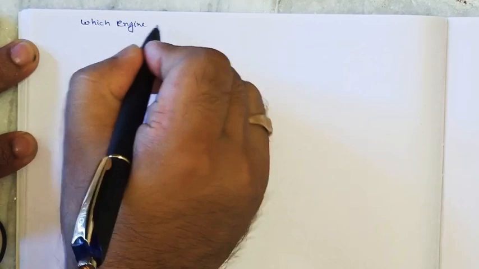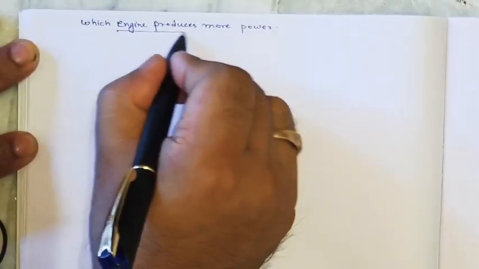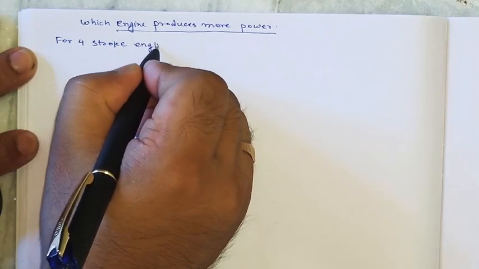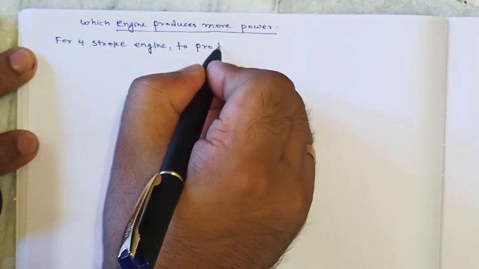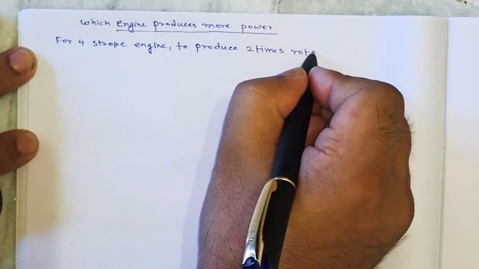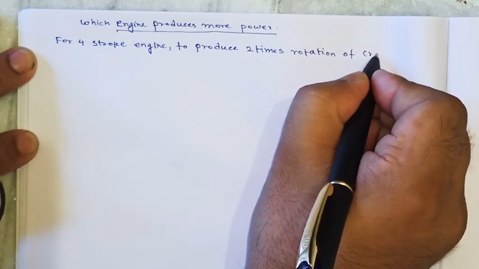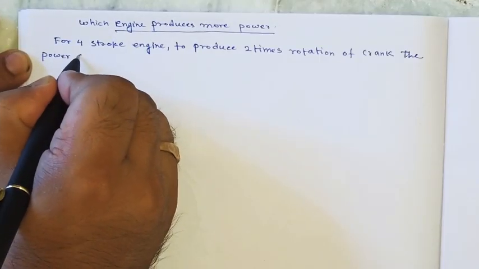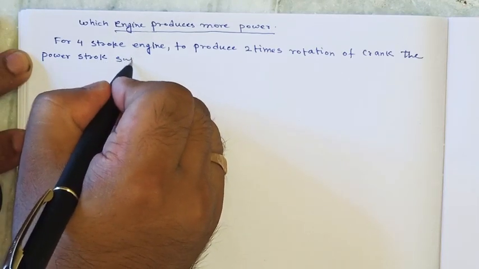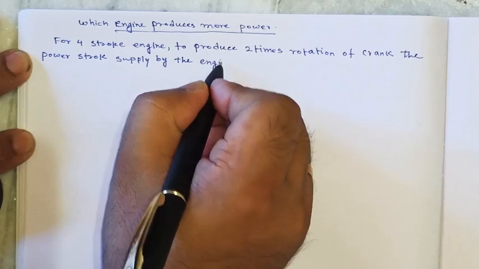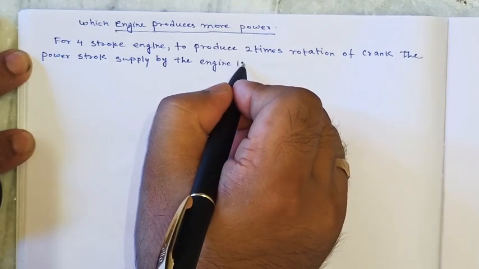Now the question may come, which engine produces more power? For the 4-stroke engine, to produce 2 times rotation of crank, the power stroke supplied by the engine is 1.